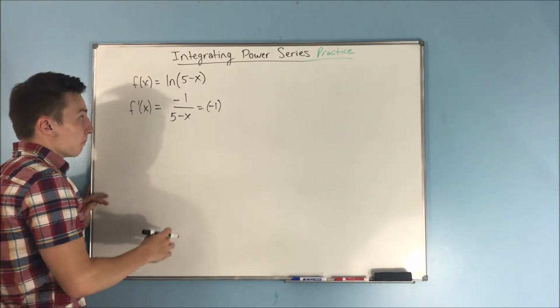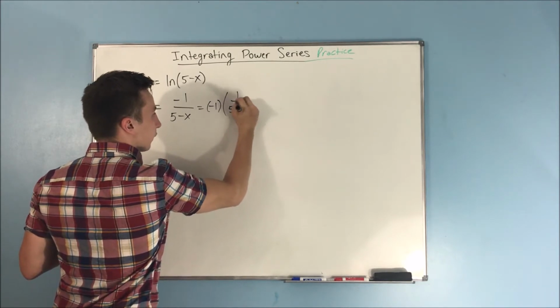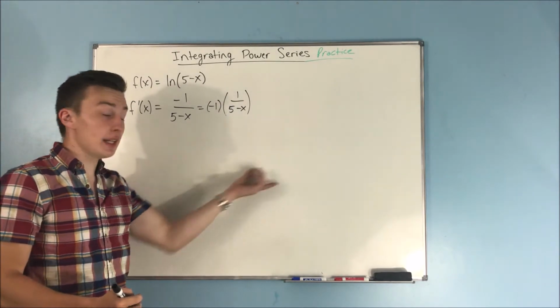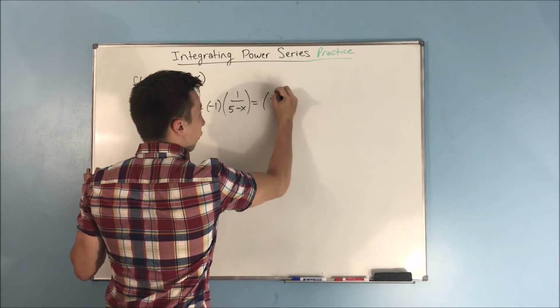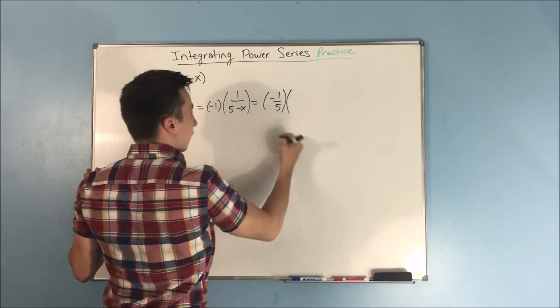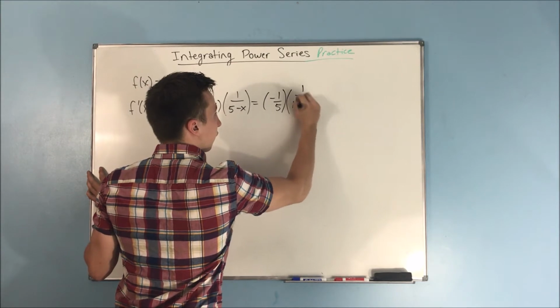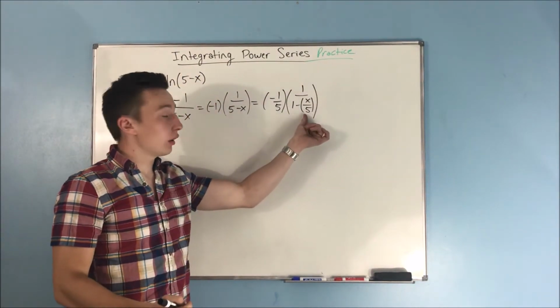Let's just see what we have already. We have a 1 over 5 minus x. And we want a 1 here instead of a 5, so what we're going to do is take out a 5, and that gives us negative 1/5 times 1 over 1 minus x over 5. Here is your common ratio.